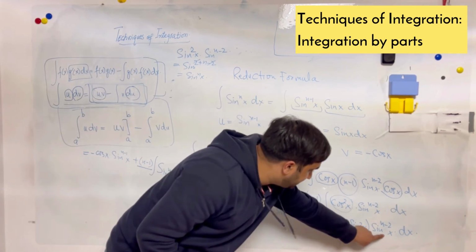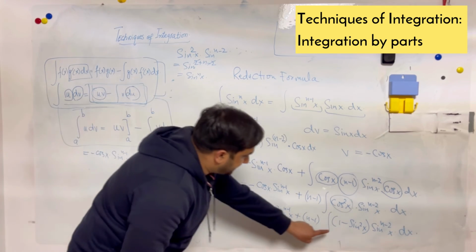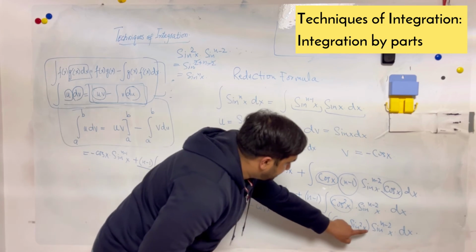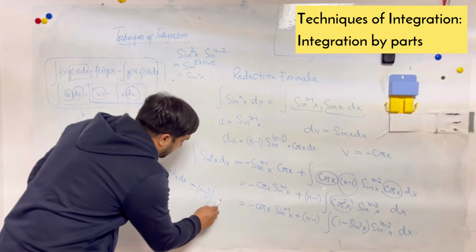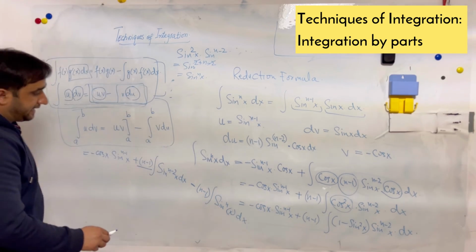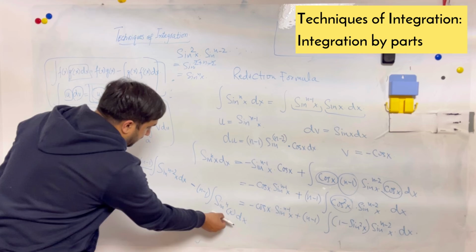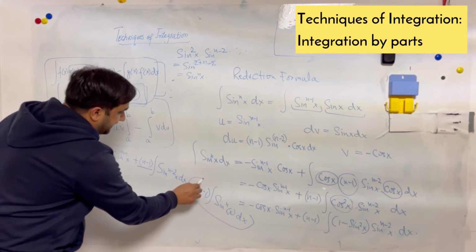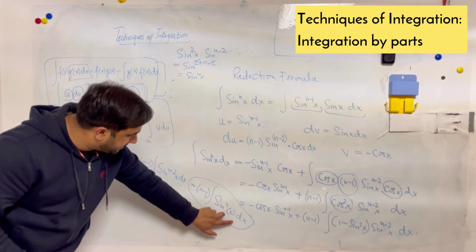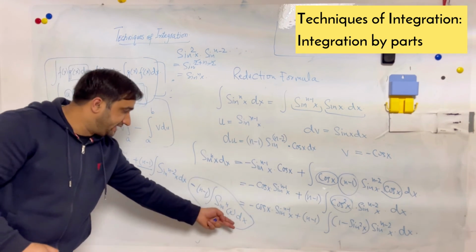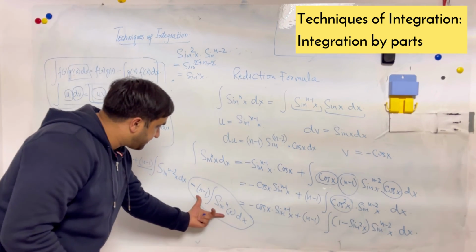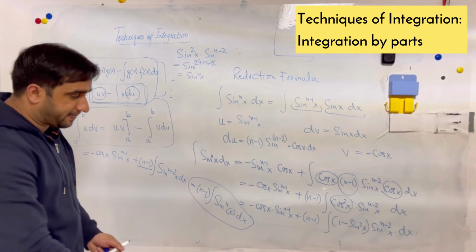So this into this will make a negative sign, and the multiplication will make sine raised to the power n of x dx. And now I can take this whole thing on the left hand side, because I can see something common in between them. So if I take them on the left, maybe we can cancel out something. So I'm going to take this expression on the left side, which is this guy, right?